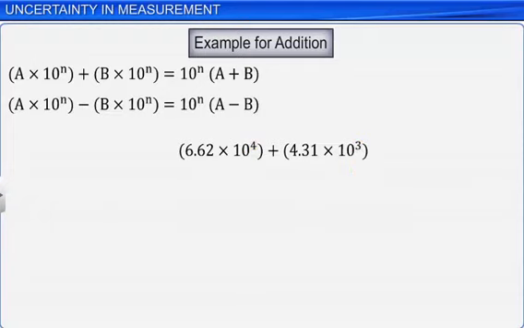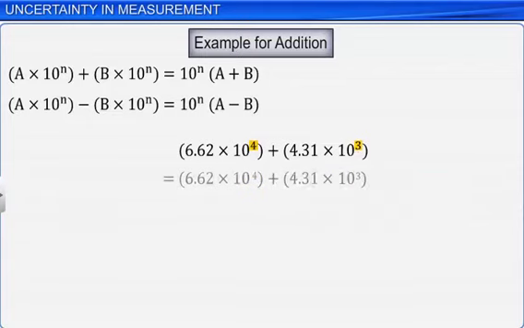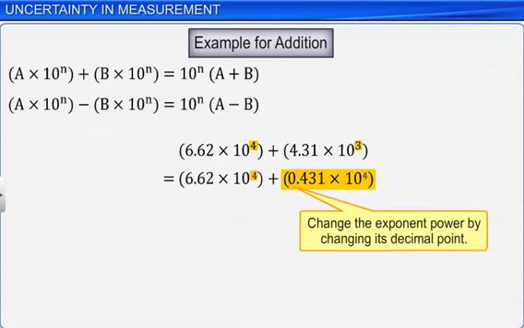As 6.62 has the larger exponent, that is, 4, we have to convert the exponent of 4.31 to match the larger exponent. So, we rewrite 4.31 multiplied by 10 raised to 3 as 0.431 multiplied by 10 raised to 4.